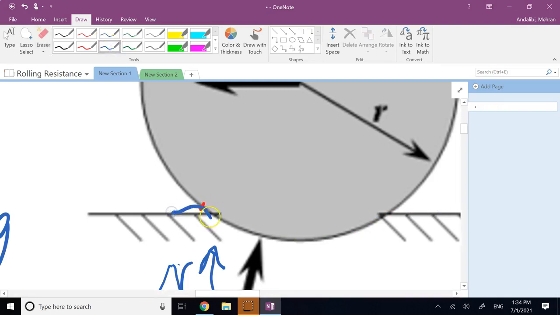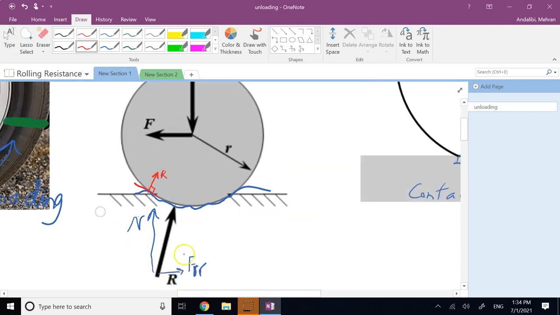Might be something like this. As I said, there are some waves. It's not just as perfect and pure like that. And here you definitely have a contact, and if you look at the tangent line here and the normal line, it is clearly tilted backwards. Okay, so that's another way that you can explain why there is a backward force from the contact, and that is doing a negative work.